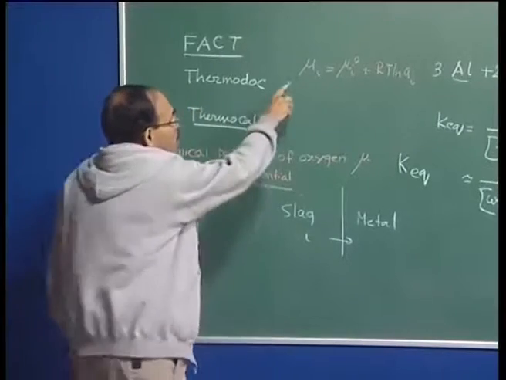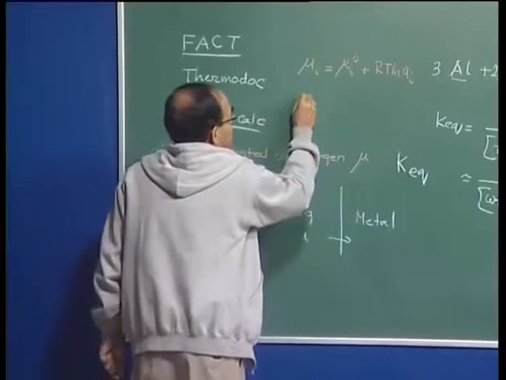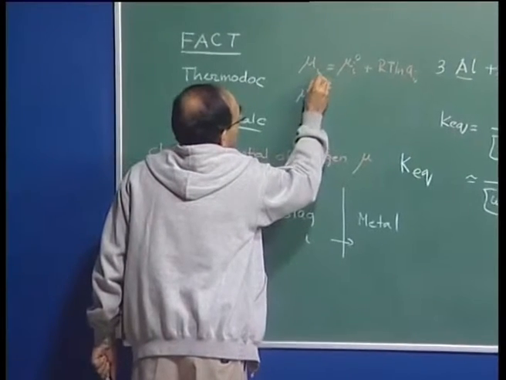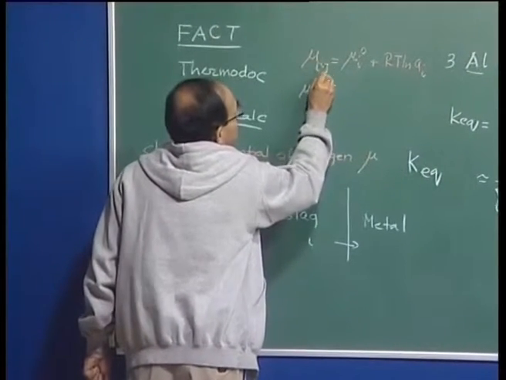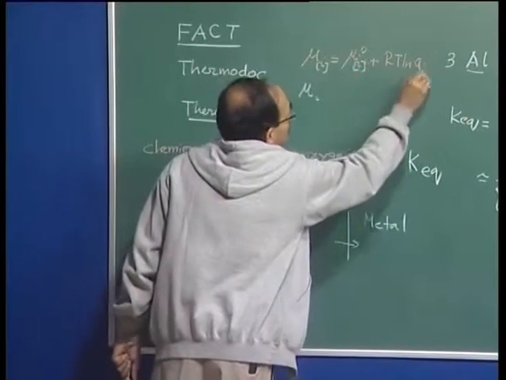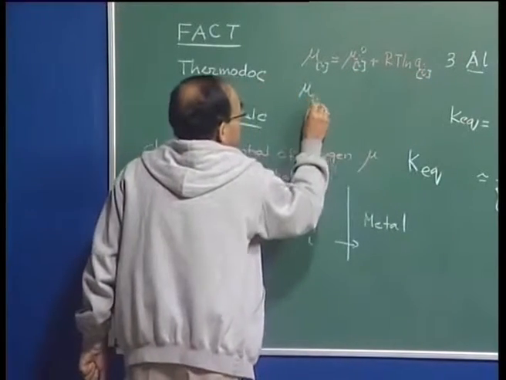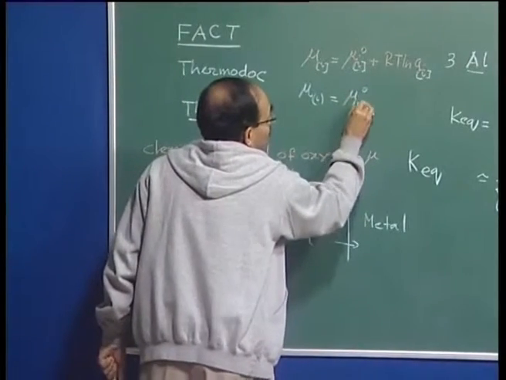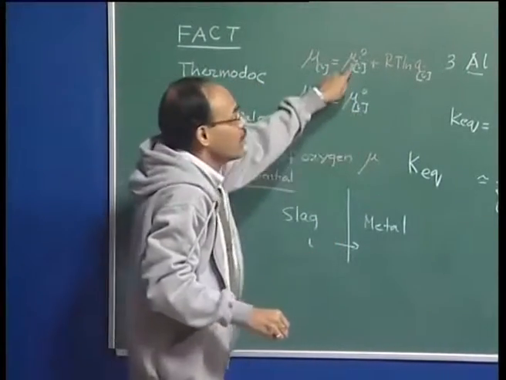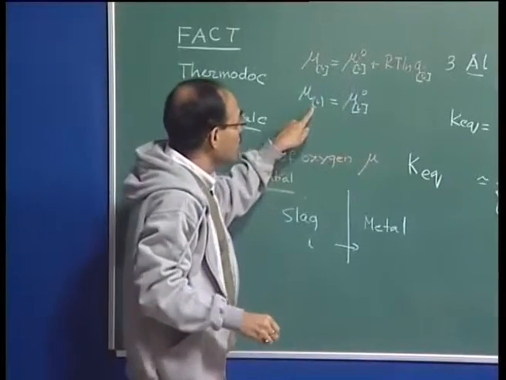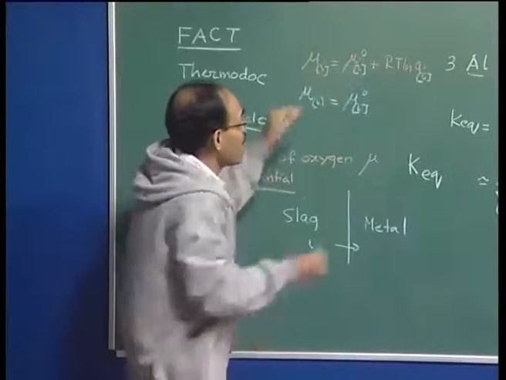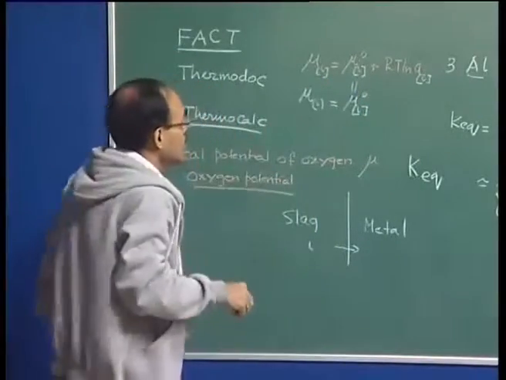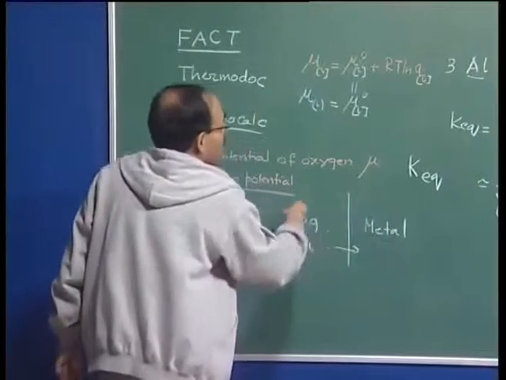Now, if you assume that this is metal, which I denote with one bracket, and this is slag, and that the same standard state condition applies, I denote it by the same bracket, although these are first brackets and this is a third bracket, because I am making an assumption that the same standard chemical potential applies to both the slag and the metal phase.